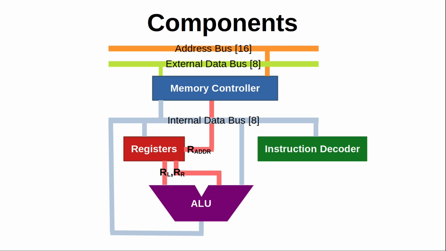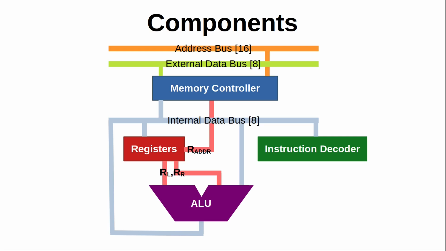So the ALU, which does all the arithmetic and logic calculations, for binary operations, could take two register values, or it could take a register value on the left side and then a value off the data bus for the right side. Or if it's unary, it is only taking one or the other.